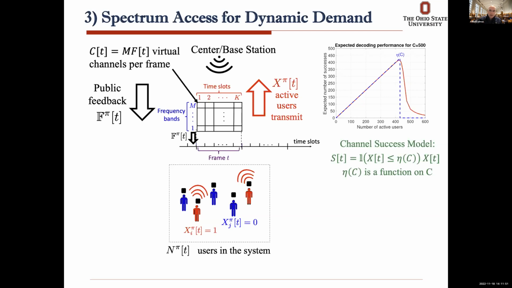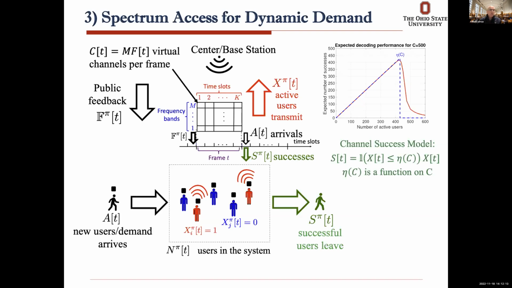This kind of structure is closely approximable with more enhanced MAC methods that came up more recently, such as successive interference cancellation. So we've taken this as a good approximation for our analysis, but later we considered how to apply it to more practical cases. To continue with the model, the number of active users is determined and there's a potential success. If the success happens, those users that have completed their transmissions leave. At the end of the frame, another set of users might arrive.